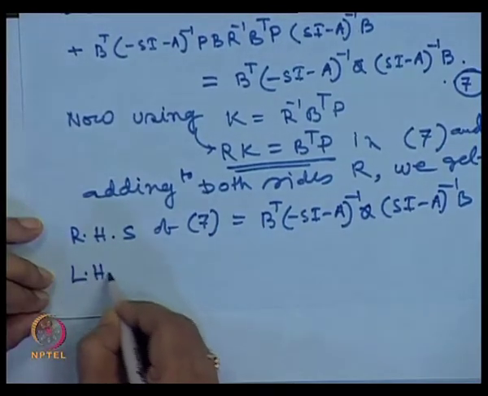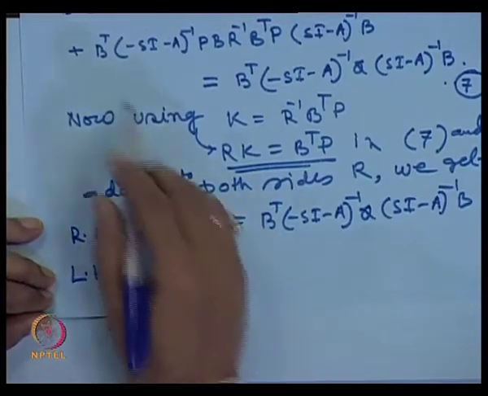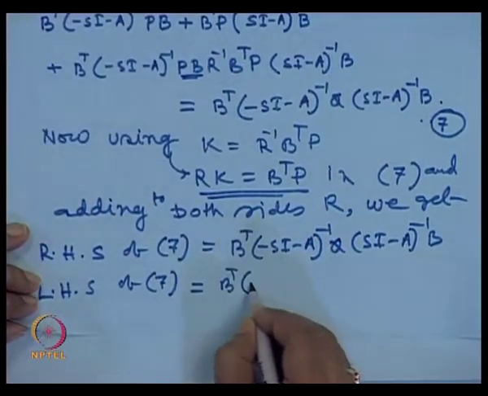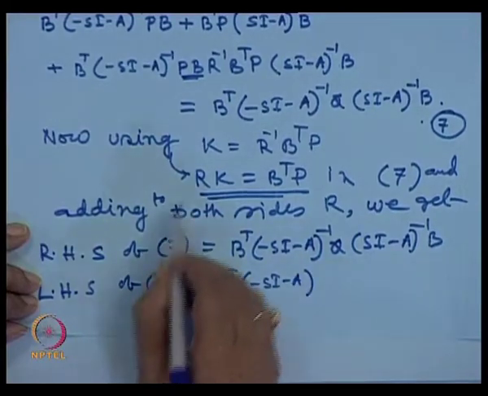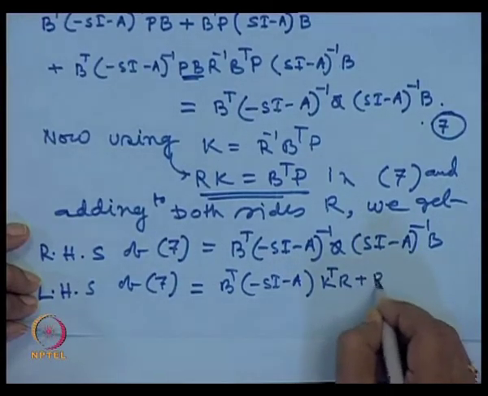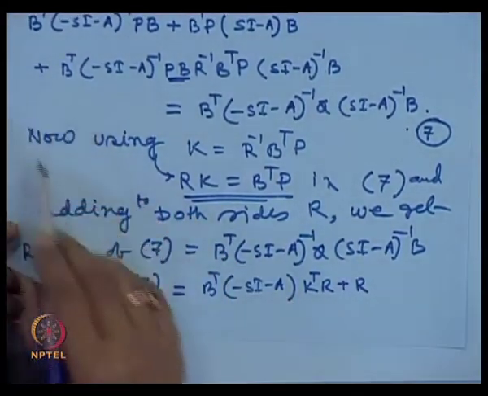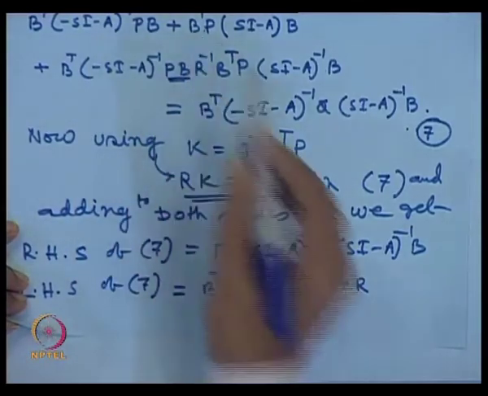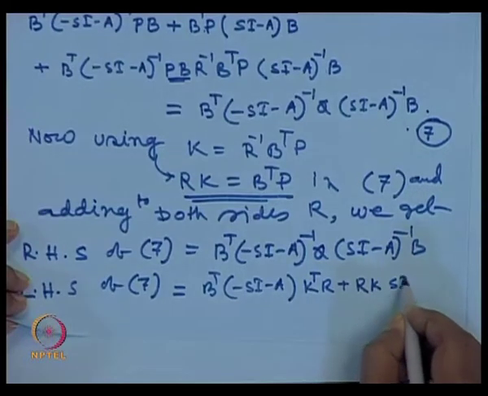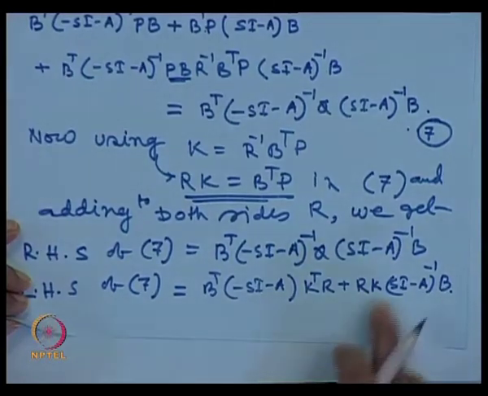And on the left hand side of 7, in place of this one I will write B transpose (sI minus A), and in place of B it is K transpose R, then R K, into this. What is this one? This will be coming R K (sI minus A) whole inverse B, agree.